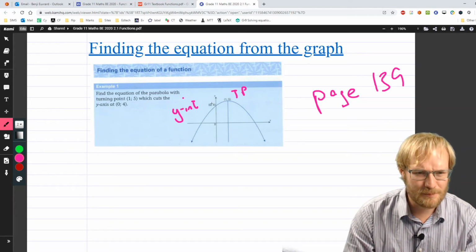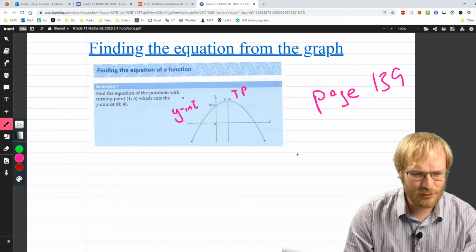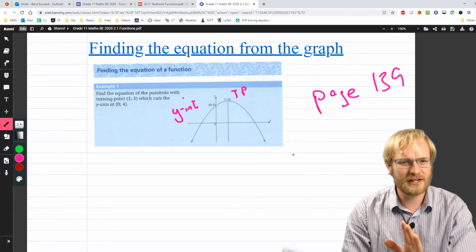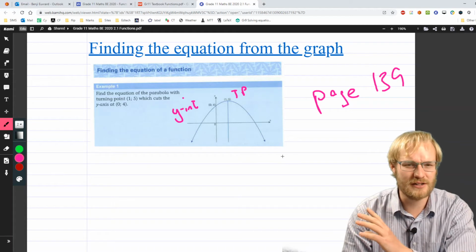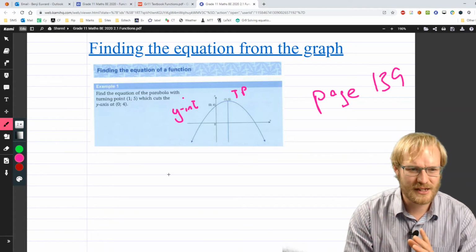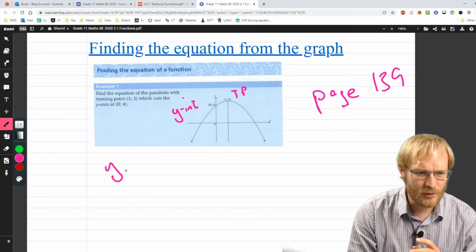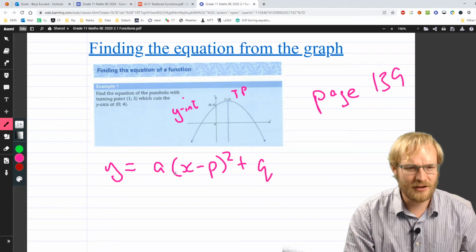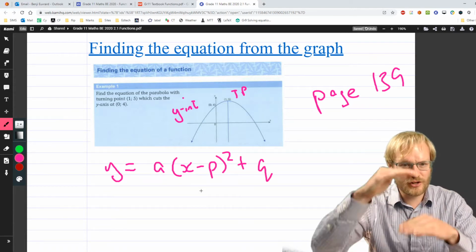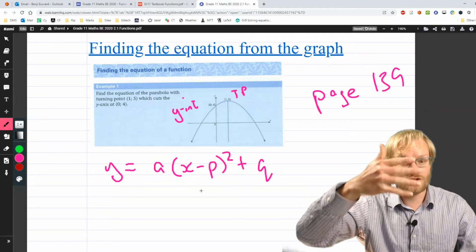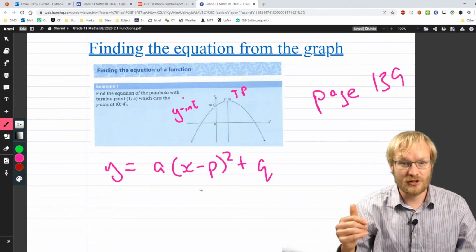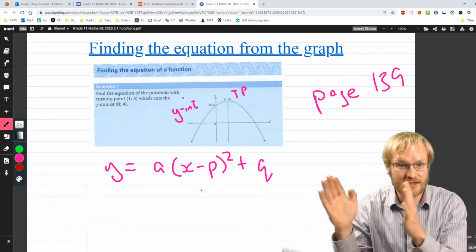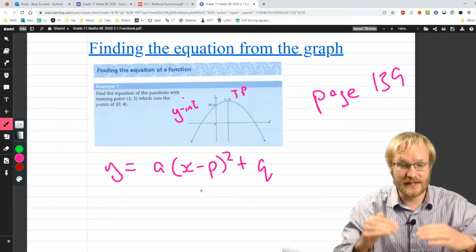So let's say our parabola, we know we're going to have an x squared. And this isn't grade 10 where you just go y equals ax squared plus q. This time we know that one of the forms of our equation is y equals a(x minus p) squared plus q, where a, remember, is stretching it, or if it's negative, it's reflecting it, and p moves it left and right, and q moves it up and down.